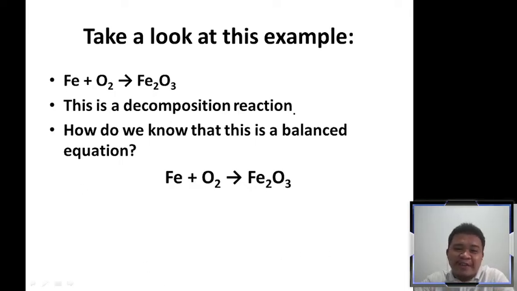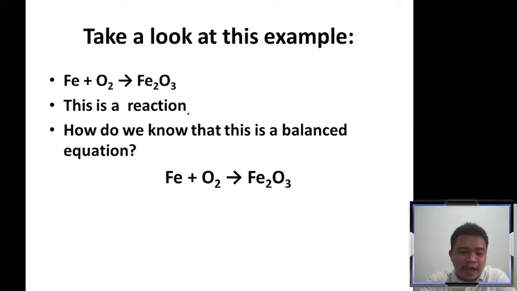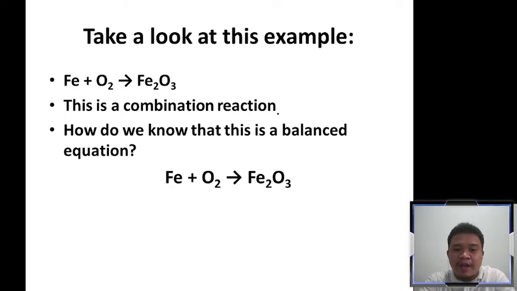Okay, so let's correct that one right now. This is another typographical error, so forgive me if I haven't seen this ahead. This is not a decomposition reaction, but this is a combination reaction. Okay, so I hope that it's corrected already.